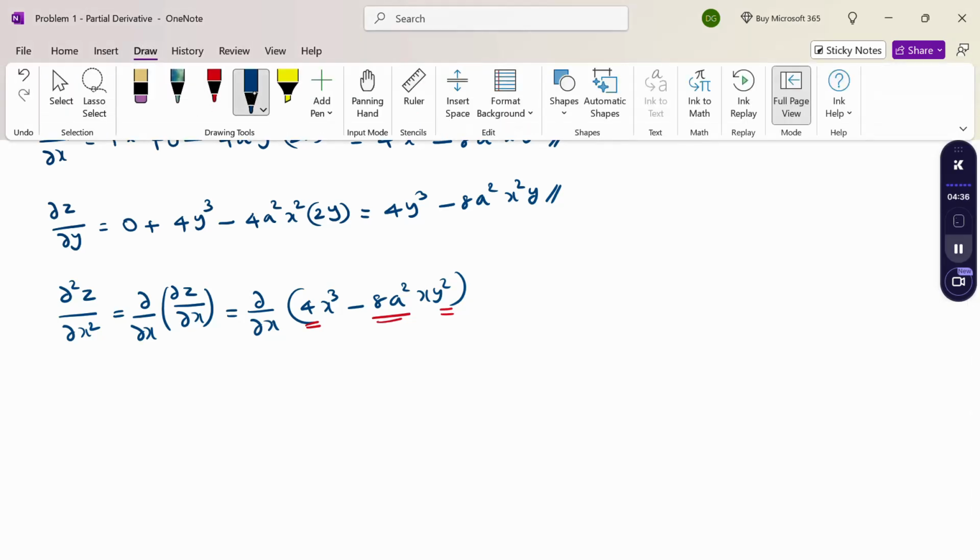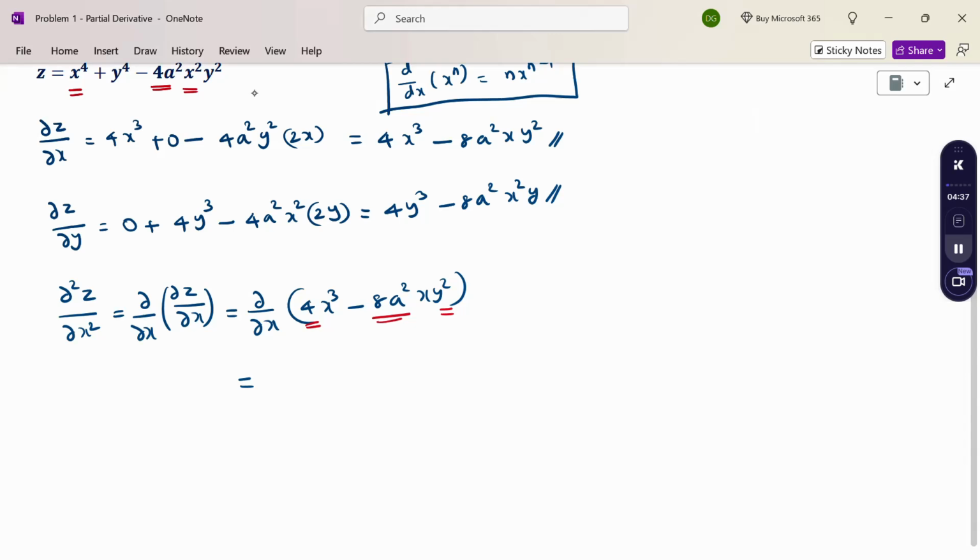Therefore this term is 4x³; 4 times the derivative of x³ is 3x², minus 8a² constant, and x is the variable, y² is constant so it has no change, and x differentiated partially with respect to x is 1. Therefore this is nothing but 12x² − 8a²y².